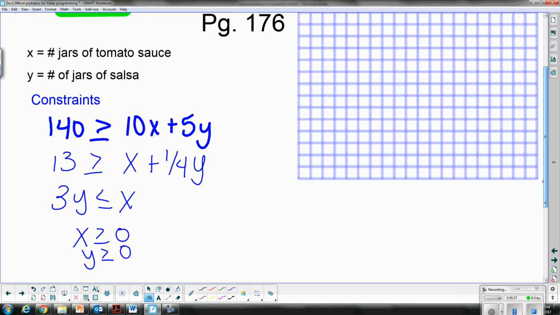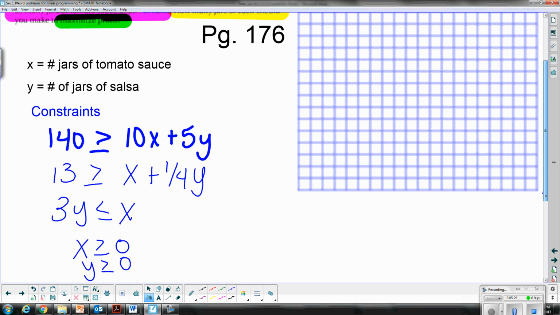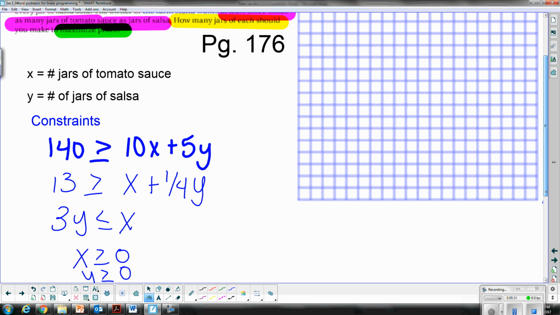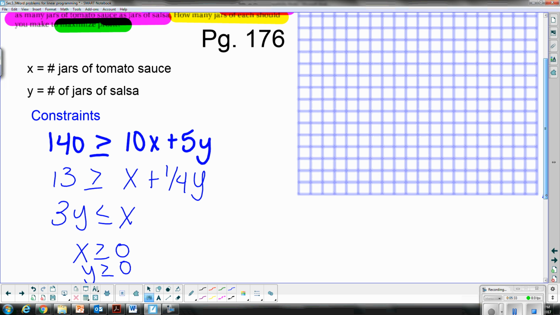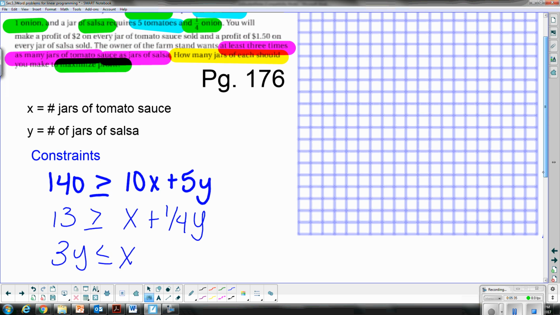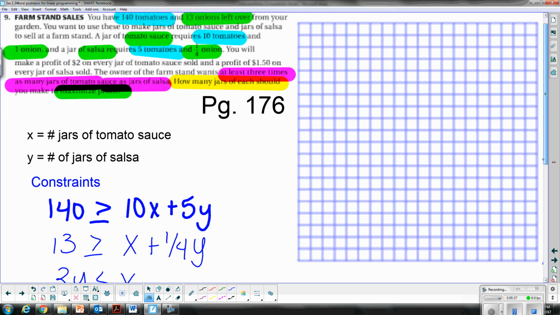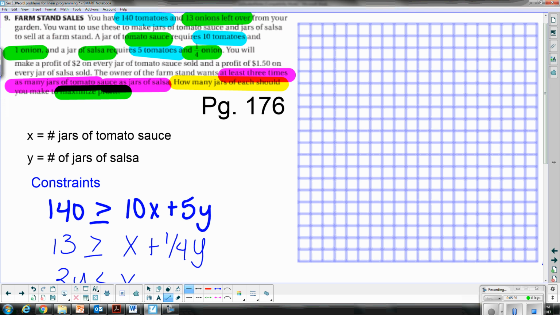You don't have to actually graph and shade those inequalities. x is greater than or equal to 0, y is greater than or equal to 0. Just use all positive numbers. So this would be your x is greater than or equal to 0, and this is your y is greater than or equal to 0. Just focus on the first quadrant.